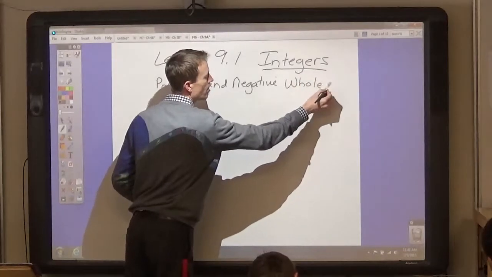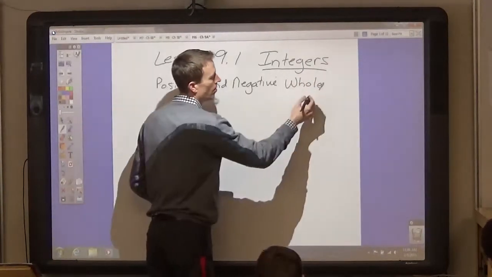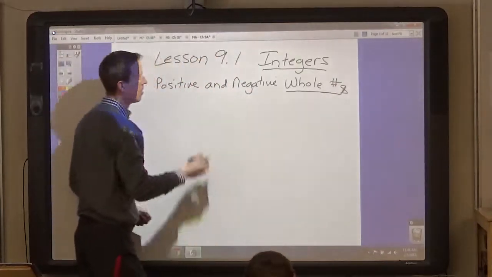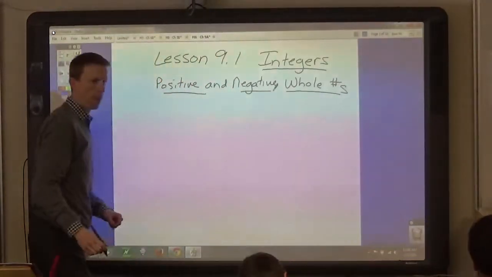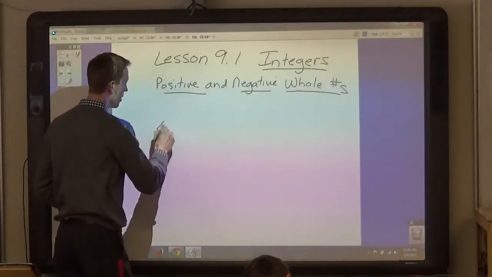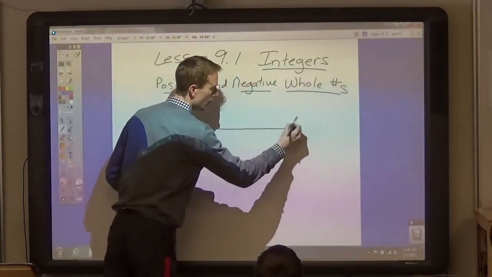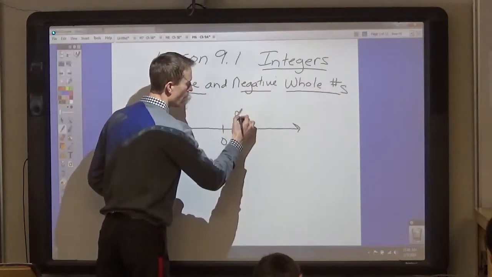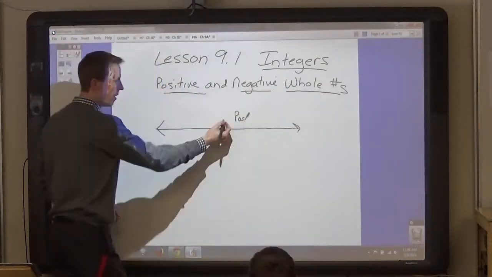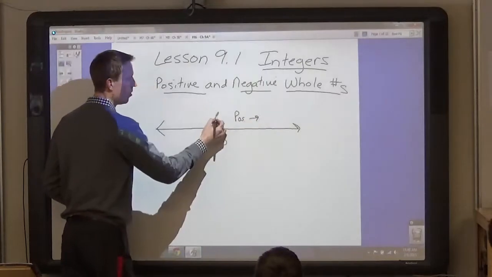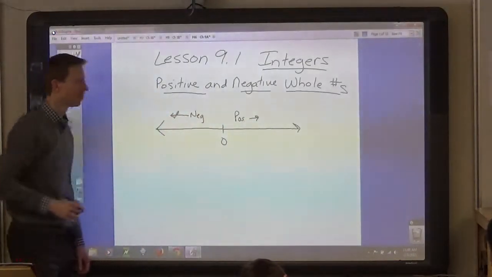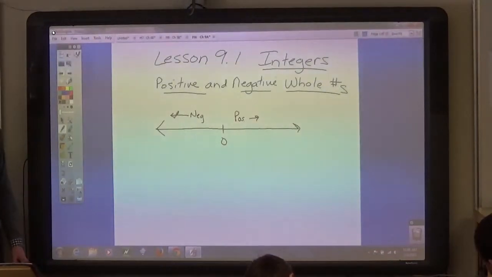So not fractions yet. So we're talking about, on a number line, numbers to the right of 0 are all positive, and numbers to the left of 0 are all negative. Okay?